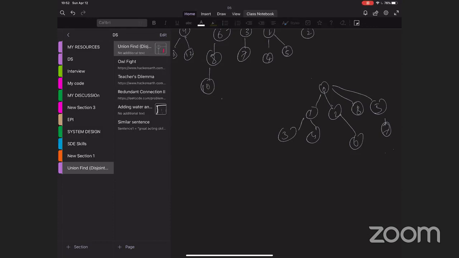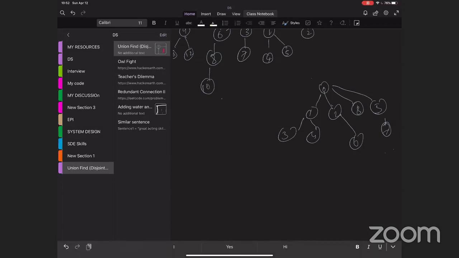Suppose your depth of the tree is 10, then you went to 10 nodes. And once you change that, anything in that path, you do the find again, it is going to be flat. So next time I do find, it is not going to take depth 10, because my depth has now become 1 or 0, whatever you call it. It is directly connected to root, right?